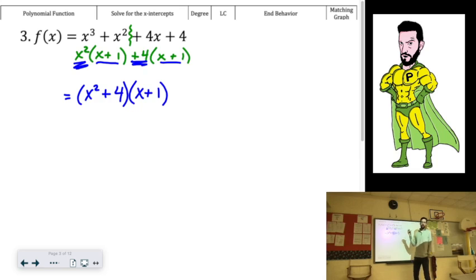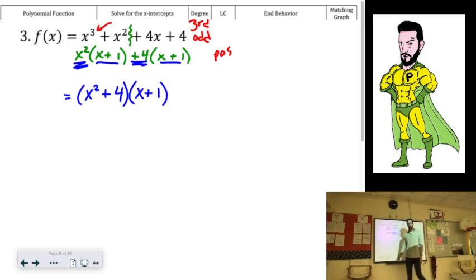Now here I would tell you to look for if you have a difference of squares. Here we have a sum of squares, which we can't factor. So if we look here, this is all we can factor. We'll find the zeros in a second, but look at the other questions. The degree, look at the original question. It was to the 3rd degree, which means it's odd. When you have an odd degree, remember they start and end in opposite directions. The lead coefficient was +1.